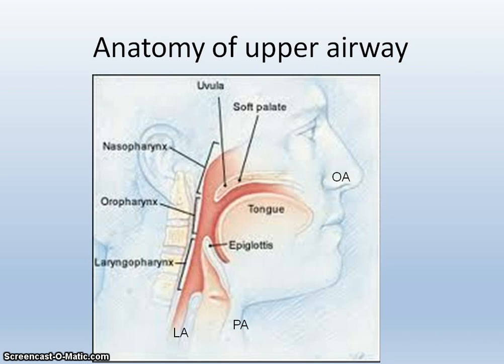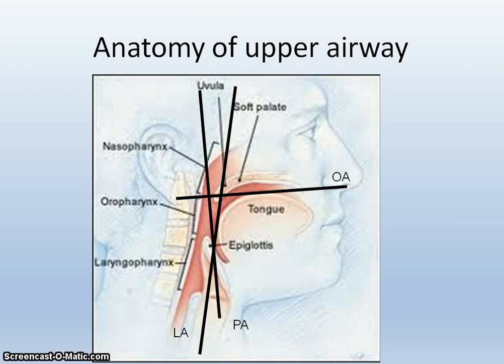Apart from this anatomy, there are also some theories on how to align the upper airway. First, we have the three-plane or three-axis theory, which is the oral axis, the laryngeal axis, and the pharyngeal axis.